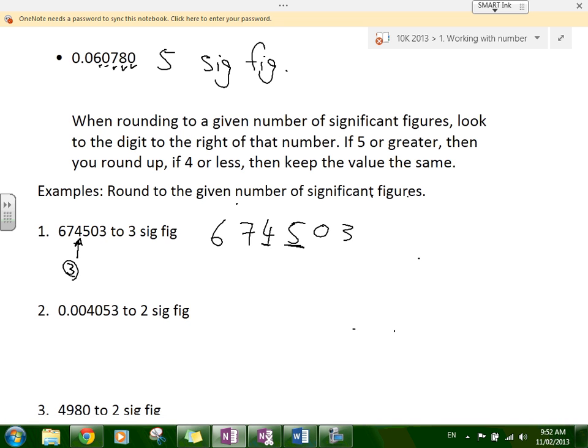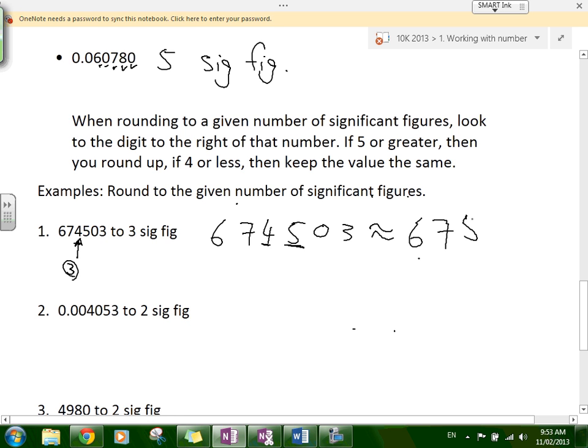Right? So I need to do my approximately equal sign again. Now this step is where a lot of students make mistakes. Alright? It's important to remember that we are rounding this number, so whatever number I put needs to be similar in value. It needs to be an estimate of 674,503. So when I write it, 670, and then this one is going to round up to a 5.